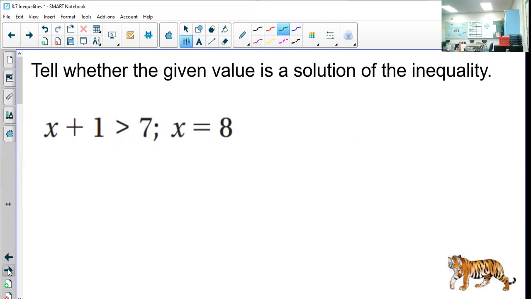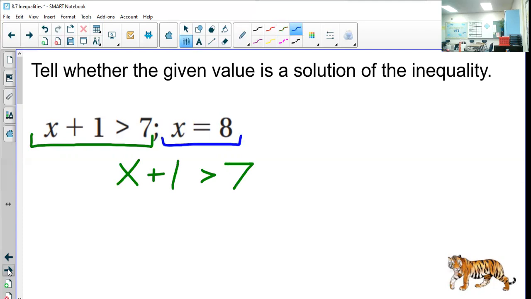So let's take our inequality here. We have x plus 1 is greater than 7, and they are saying that x equals 8. They want to know if that makes this inequality true. So I'm going to put an 8 where the x is.